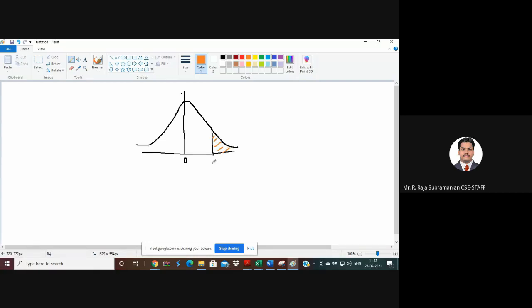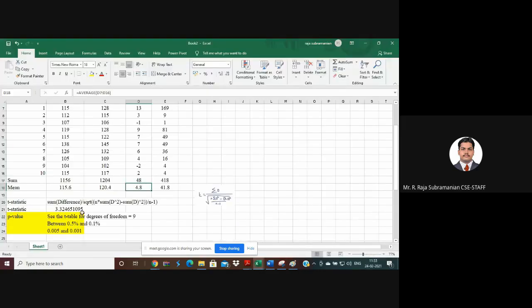So if anything falls in this, I say it is the null hypothesis. What is this? 3.32. And the probability for this 3.32 data to exist is the p-value. What is the p-value? The probability of the data to exist in this range is going to be the p-value, and that is going to be between 0.0052 and 0.001, right?